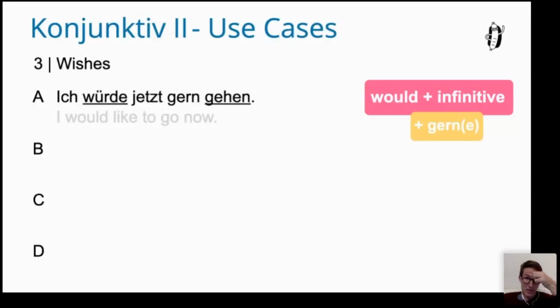I would motivate you to use gern. It's more comfortable, because sometimes in response to someone you say gern geschehen, so it happened with pleasure, and you wouldn't say gerne geschehen. So that's the only case I can think of where it matters whether you use gern or gerne, but in other cases it doesn't matter.